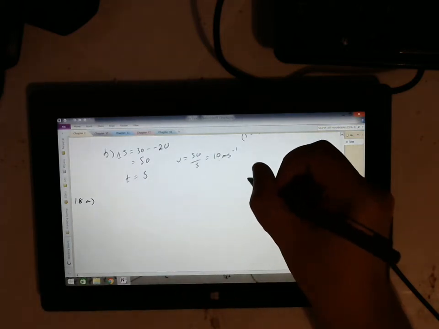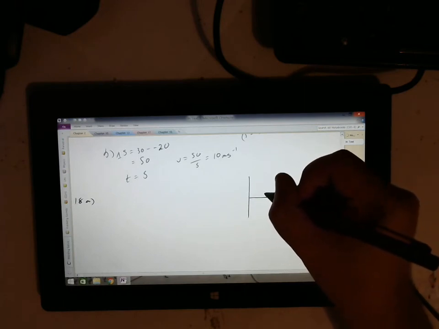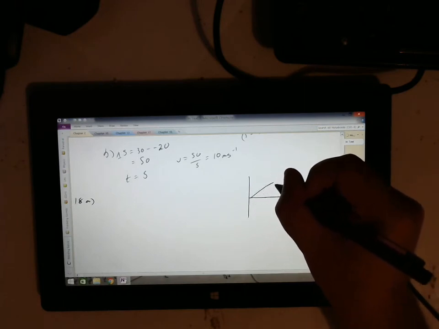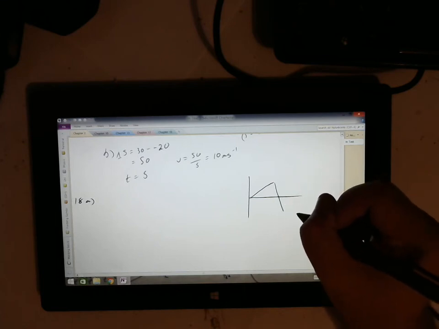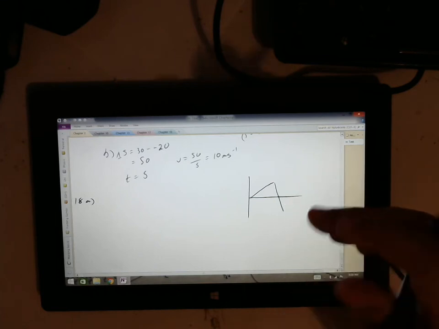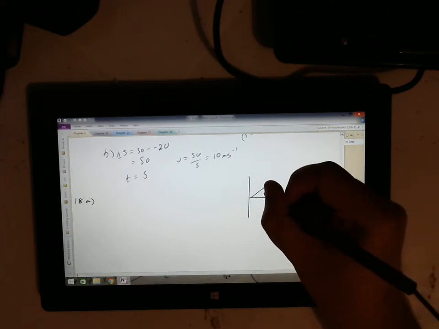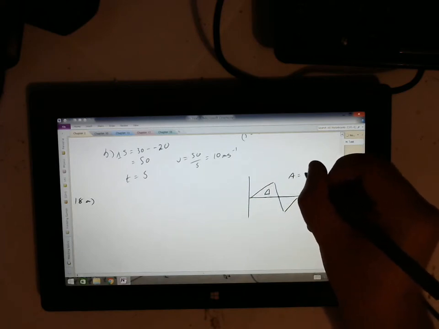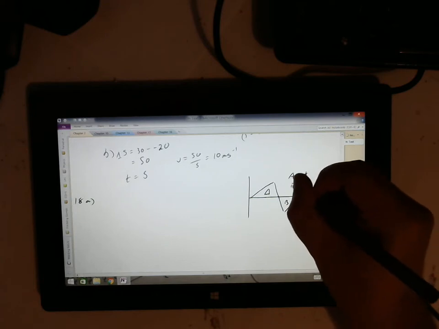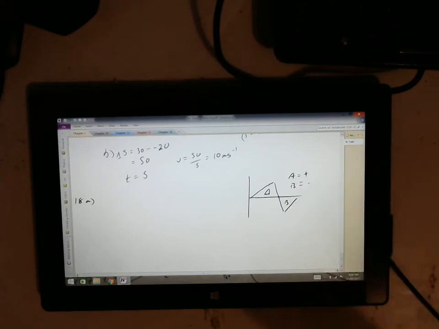So our graph kind of looks like this, where it goes up and down, about a bit steeper than before, and then back up. So this area here, A is going to be positive, but B will be negative, okay, because it's a negative velocity for our dimensions of our triangle. So you've got to be careful with that.